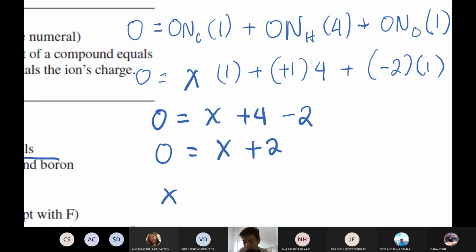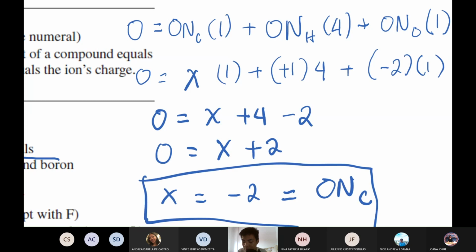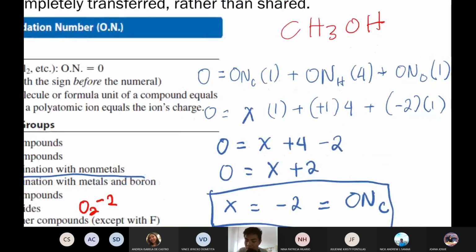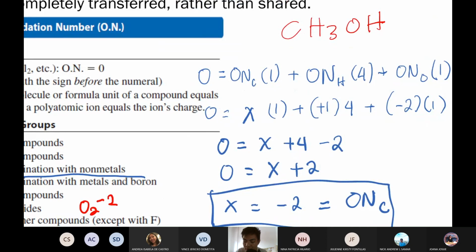Transpose that to other side, we will get X equals 2. And this is the oxidation number of the carbon. Okay, then by just doing algebra, we now know that the oxidation number of carbon is negative 2. For hydrogen, that is positive 1. And for oxygen, that's negative 2 as well.